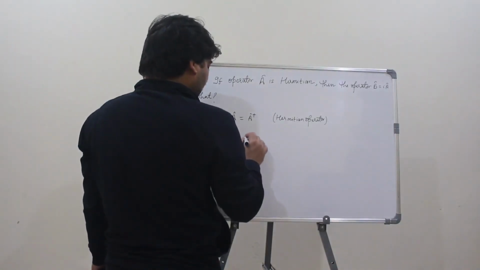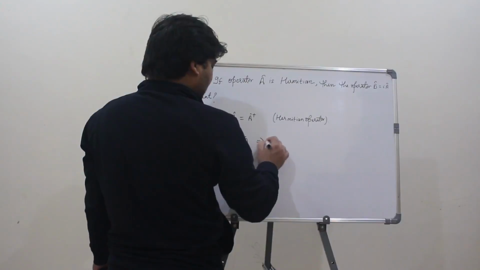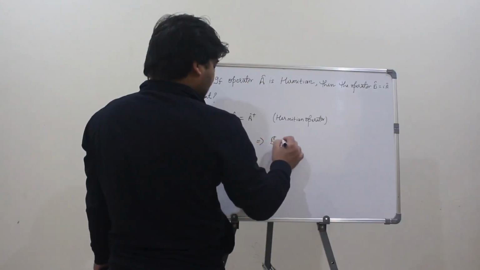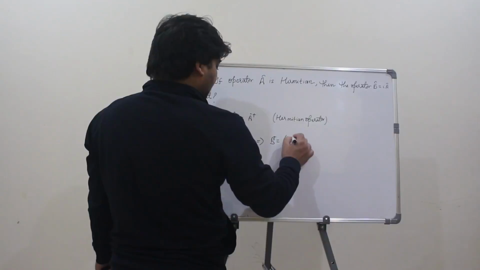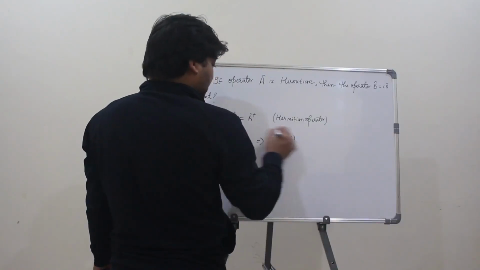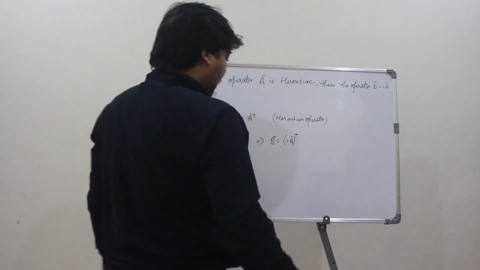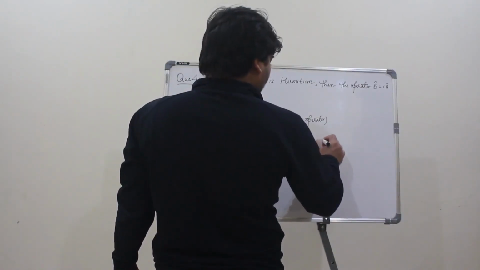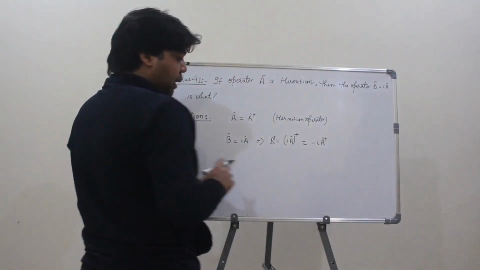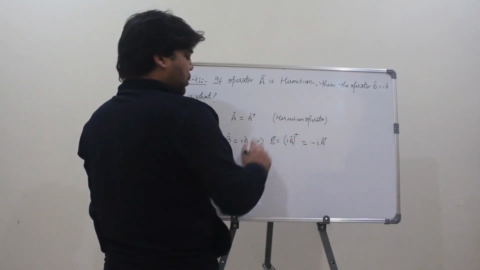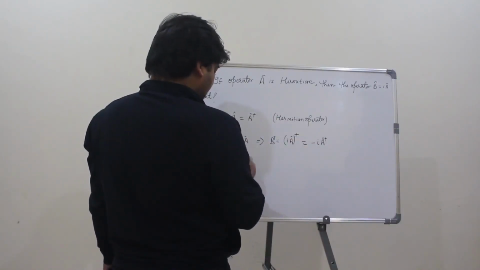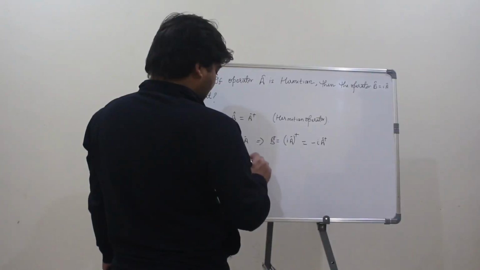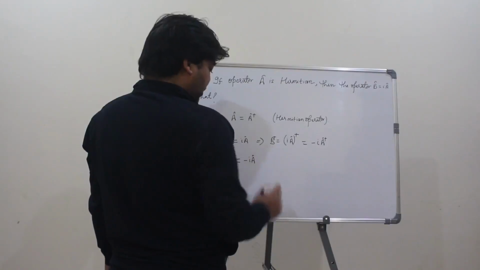If B is iA cap, then B dagger equals minus i A cap dagger. Now remember that A dagger equals A. So B dagger equals minus i A cap.